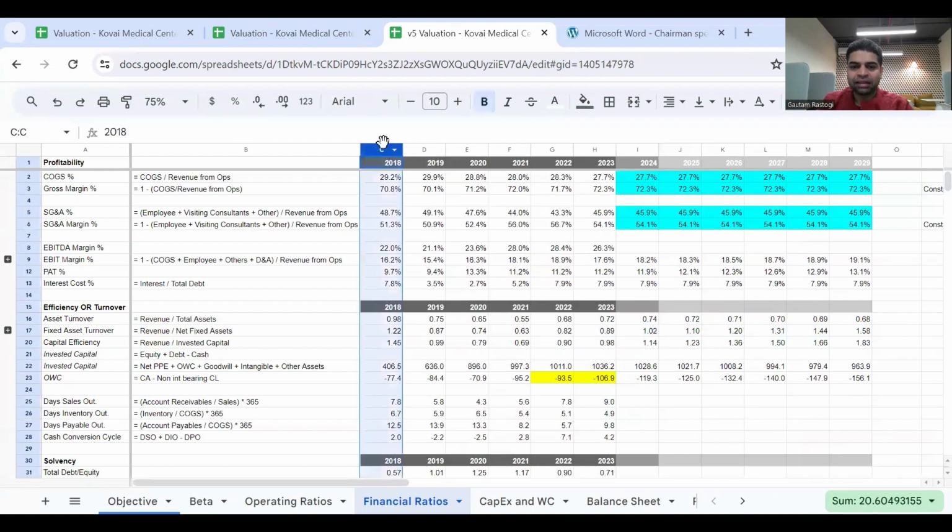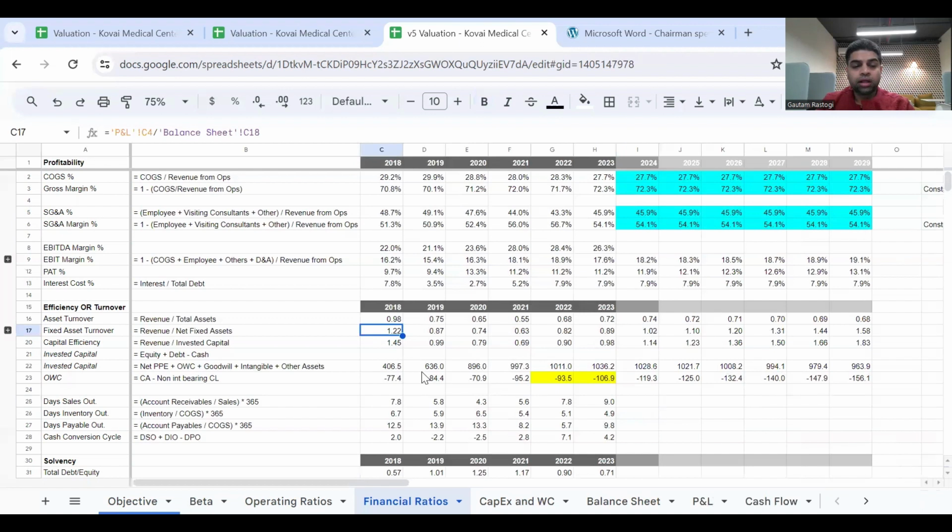In fact, in 2018 their capital efficiency turnover ratio was well above 1. What I'm saying is that it should go above 1 and increase beyond that as well. Why am I making that assumption?